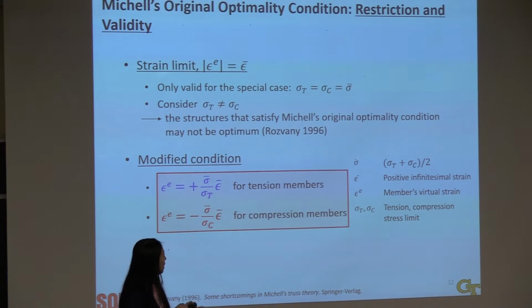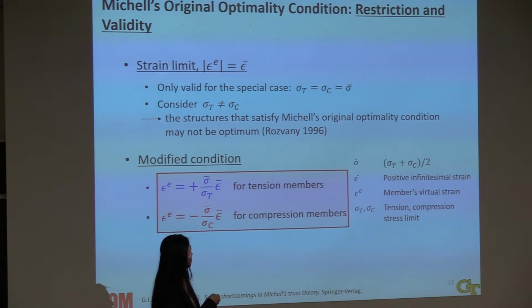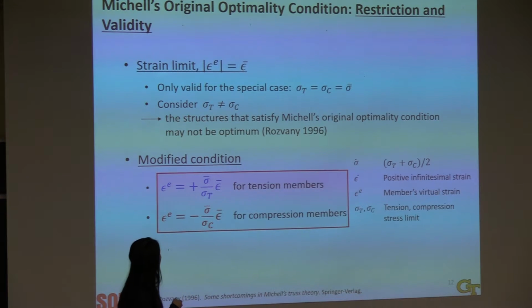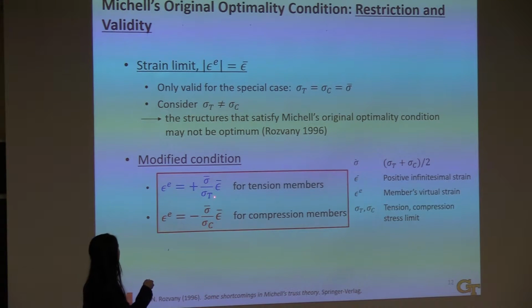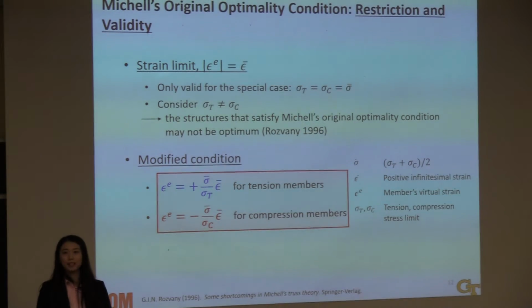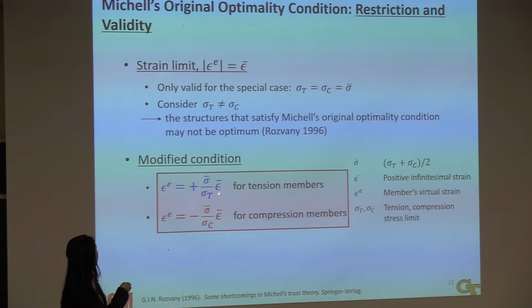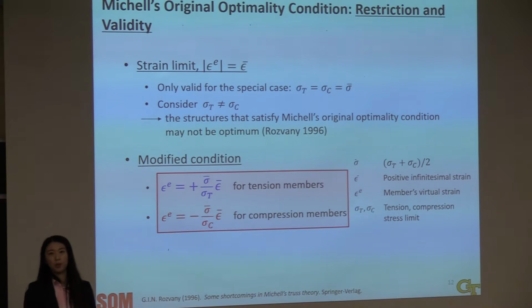Both of them are positive values. So sigma T and sigma C are the stress limits for tension and compression, and these quantities are the strain limits for tension and compression. They can take individual values.